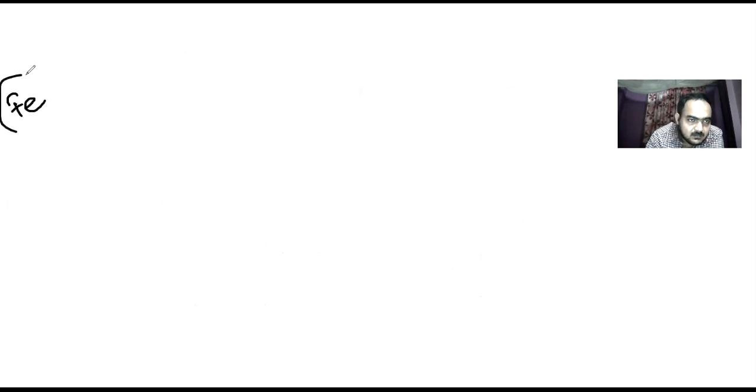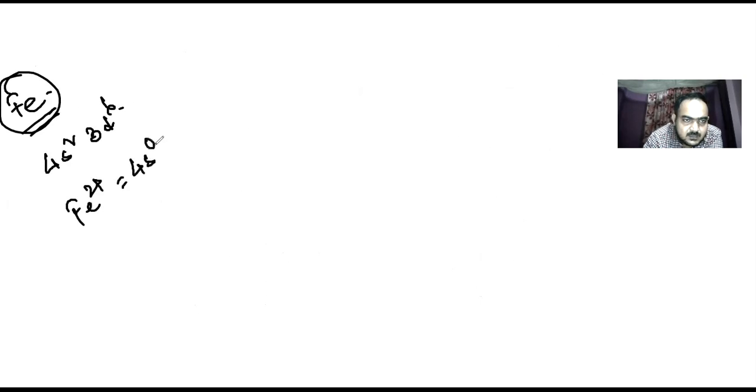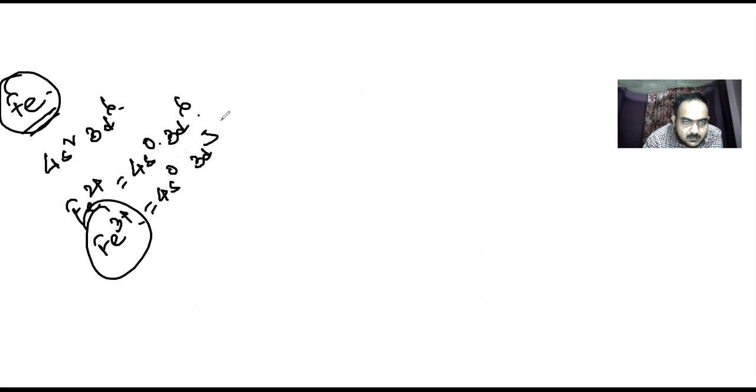In the case of iron, you can see 4s2 3d6, iron in +2. You can see 4s0 3d6, iron in +3. It will produce 4s0 3d5. So +3 is more stable. You can see the d5 configuration is there.